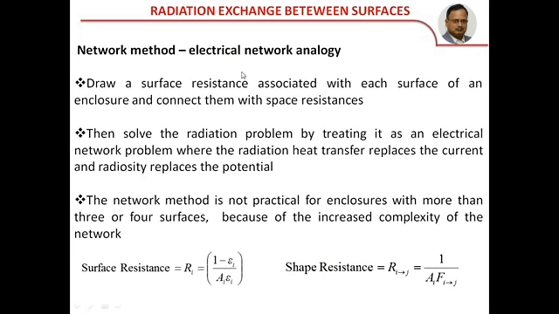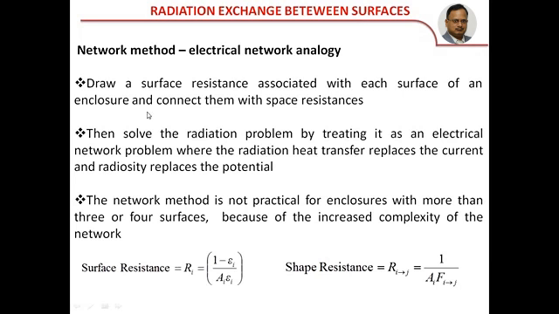Now we will see the network method or electrical network analogy. What we have identified now is that in the case of radiation, two types of resistances exist. One is surface resistance and the other is shape resistance or space resistance. Surface resistance is given by the formula (1 minus epsilon i) by epsilon i Ai, and shape resistance is given by the formula 1 by Ai Fi-j.